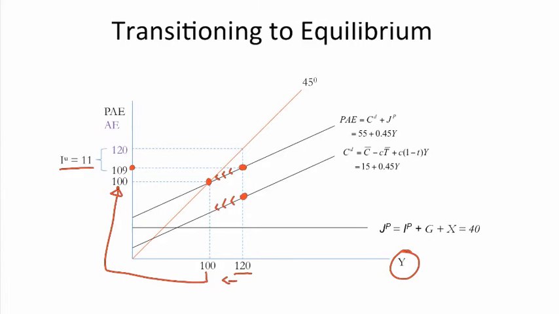That production of 100 exactly matches planned aggregate expenditure, which is also 100, and we have reached the equilibrium. So what this analysis tells us is that if we have a disequilibrium where firms have overproduced, that will set a chain of events in process that eliminates that disequilibrium and moves the economy to its equilibrium.